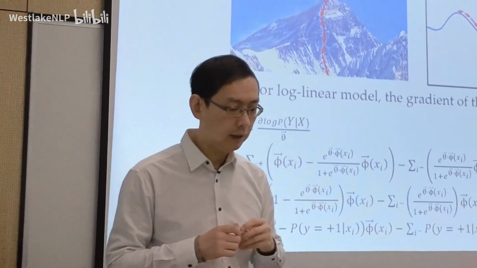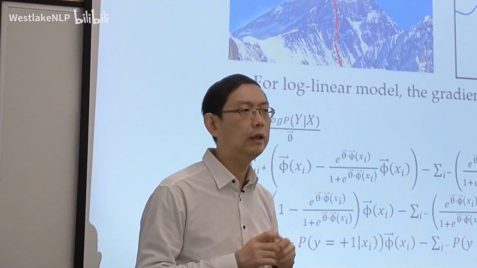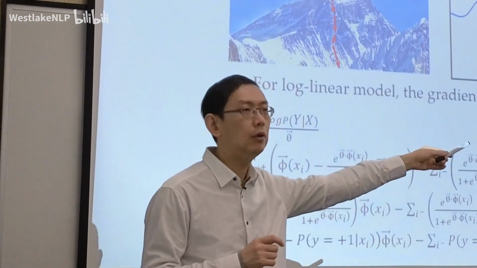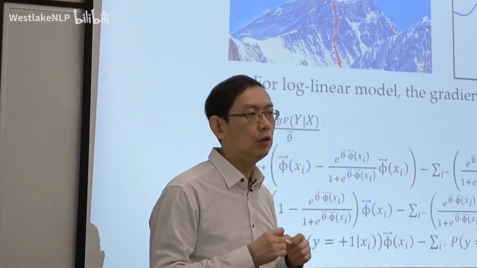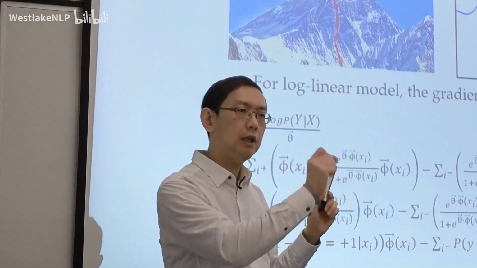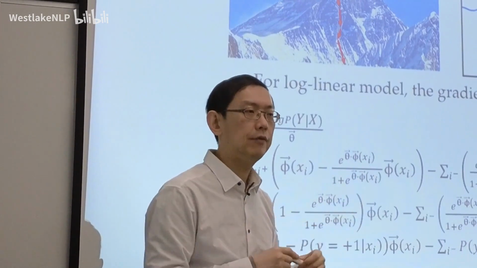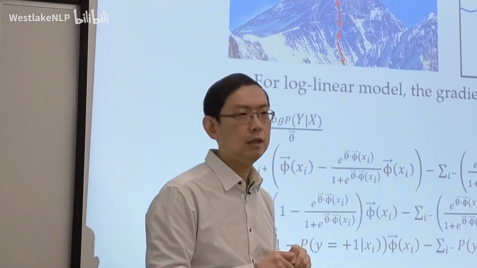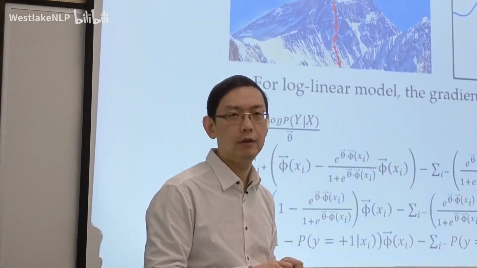The basic idea is to randomly initialize your model parameters, randomly initialize your theta. Now you immediately have a value of the objective function. You want to maximize that function, so you need to adjust your theta a little bit at a time. Without loss of generality, maximizing log likelihood is equivalent to minimizing negative log likelihood.